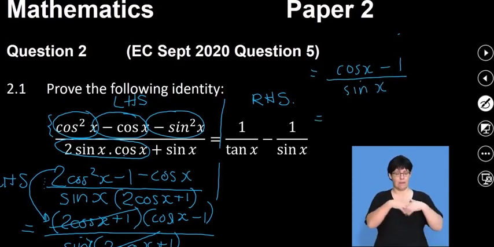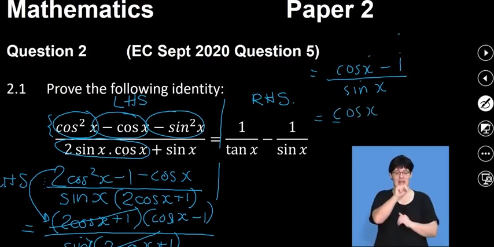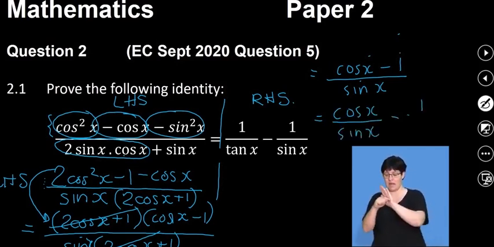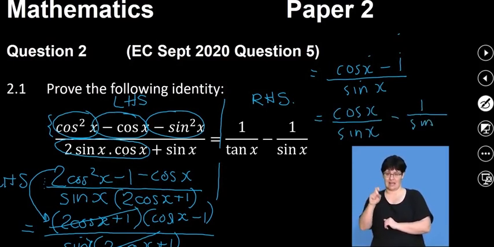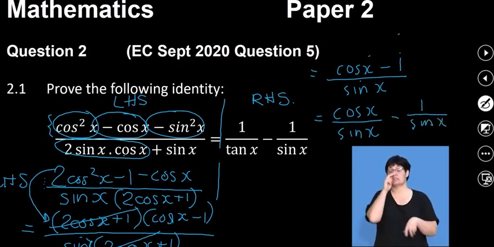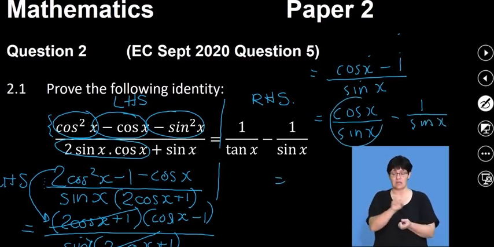I can break that numerator up and put each part over the sine x. So I've got cos x over sine x minus 1 over sine x. And the last thing I need to do is convert this into a 1 over tan x. Remember that tan x is equal to sine x over cos x.